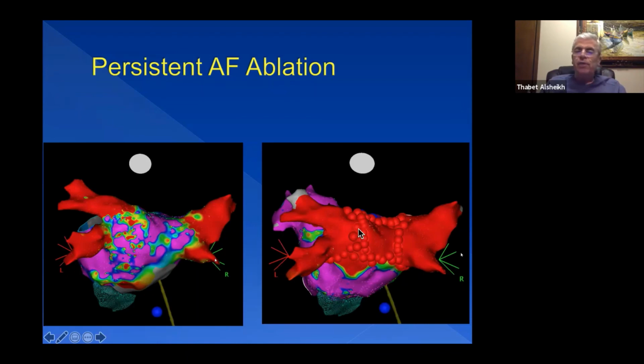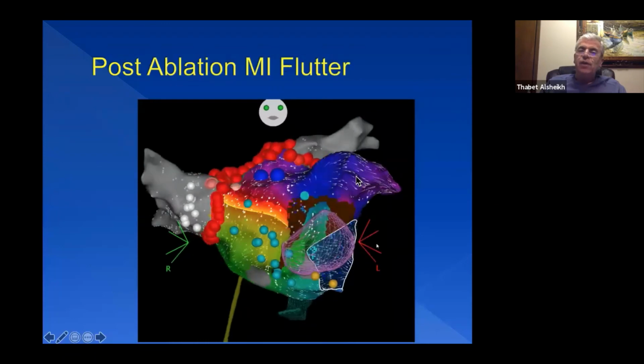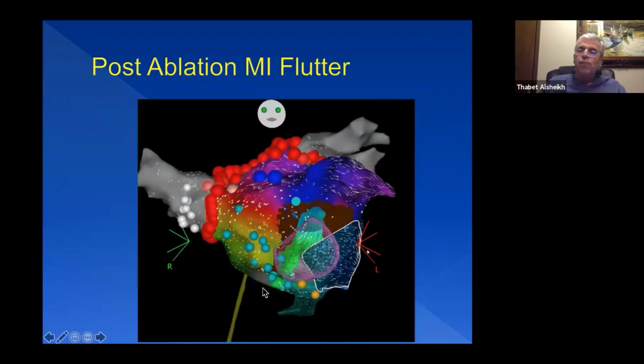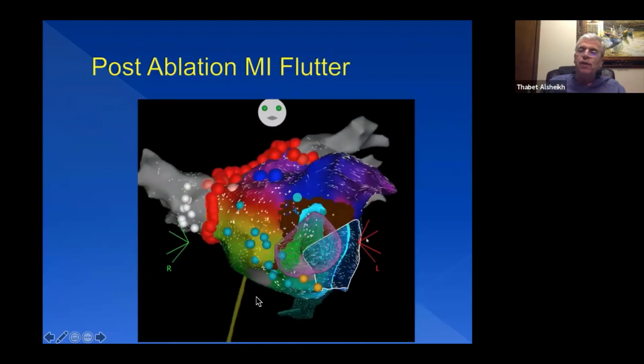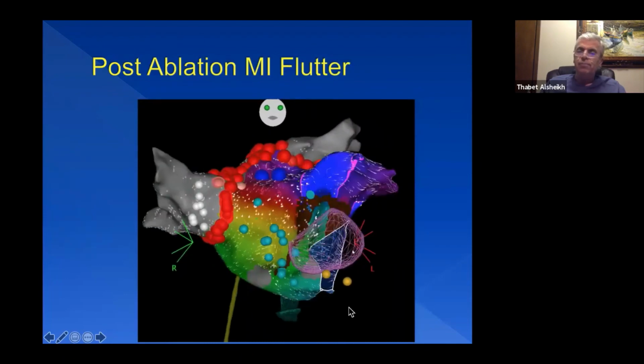As I ablated and we isolated the pulmonary veins, then we isolated the posterior wall, we changed atrial fibrillation into atrial flutter. And the flutter in that case, the circuit that was left was going around the mitral annulus. We call it perimitral or mitral isthmus dependent. And you can see the direction, counterclockwise around the mitral annulus.